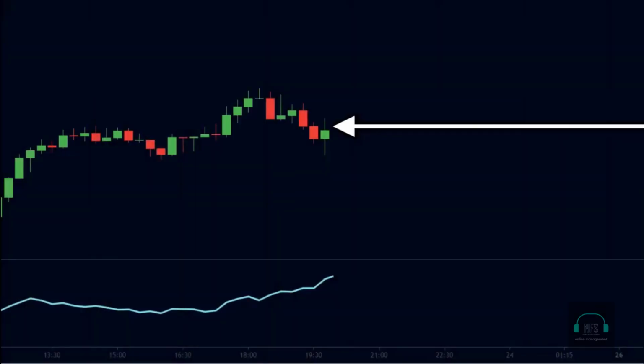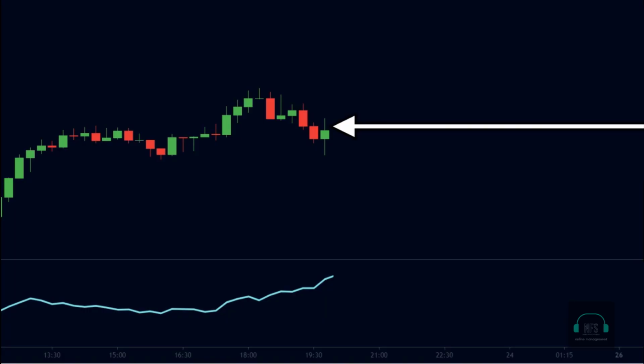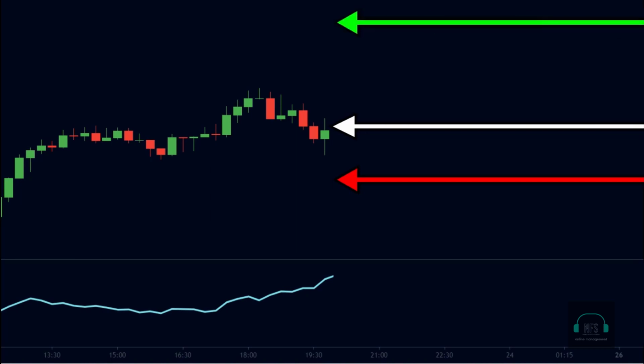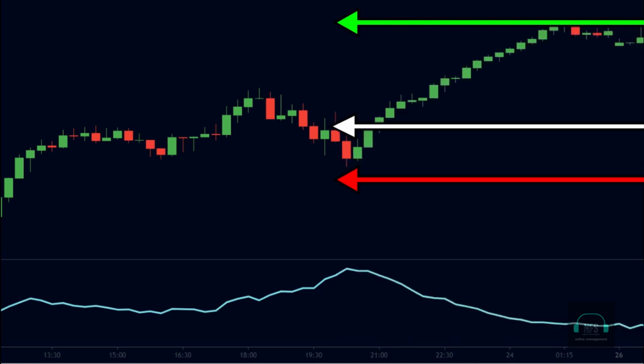So in this case, the value will be 164 pips. So we keep a 164 pip wide stop loss, and we keep a target at 1:2 risk to reward ratio. And as you can see, the wide stop loss saved us from making a loss.